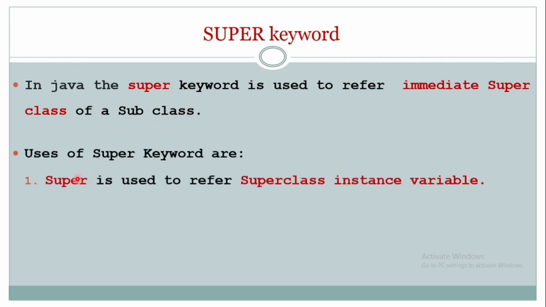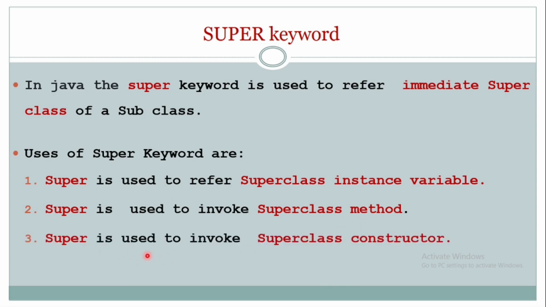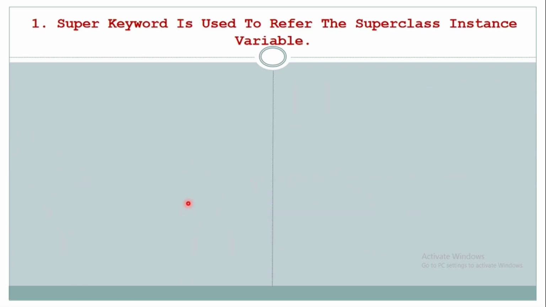The uses of the super keyword are: super is used to refer to a superclass instance variable from a subclass, the super keyword is used to invoke a superclass method, and also the super keyword is used to invoke a superclass constructor. Now let us understand all these three uses with a simple example.